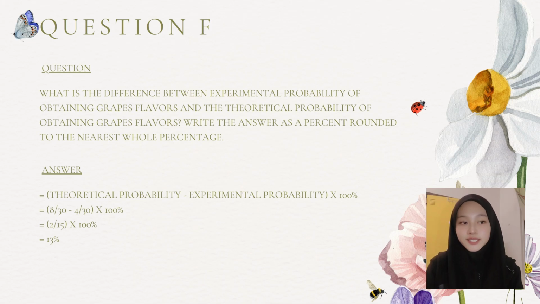The solution is (theoretical probability minus experimental probability) multiplied by 100%, which is (8/30 minus 4/30) multiplied by 100%. The answer is 13%.